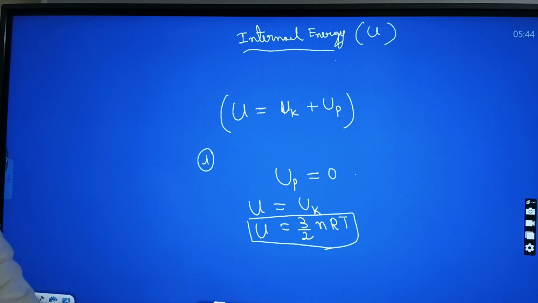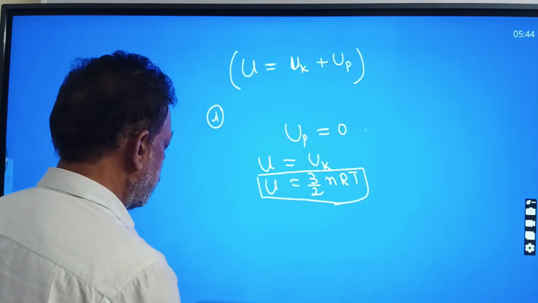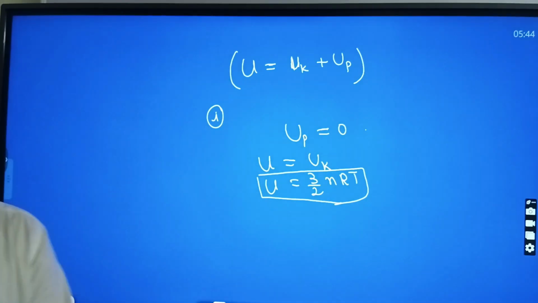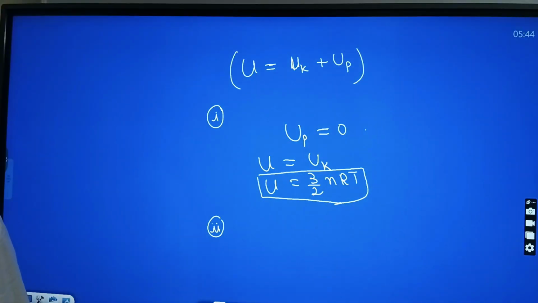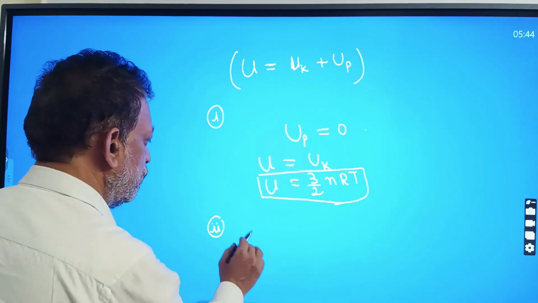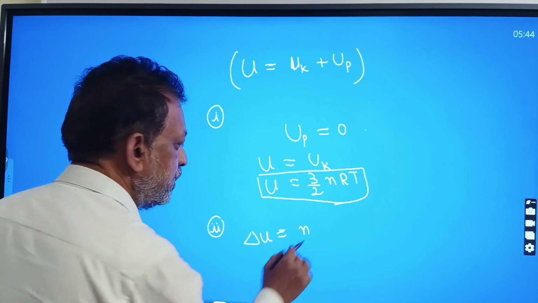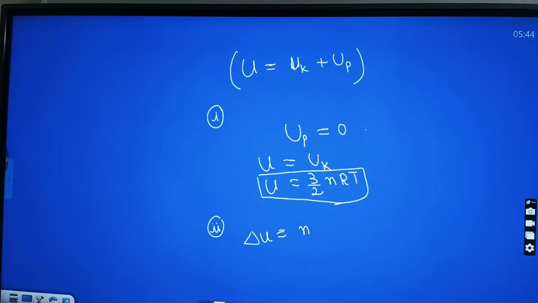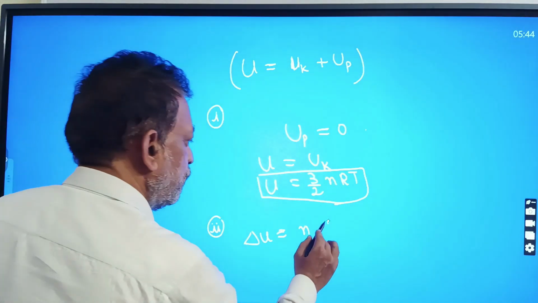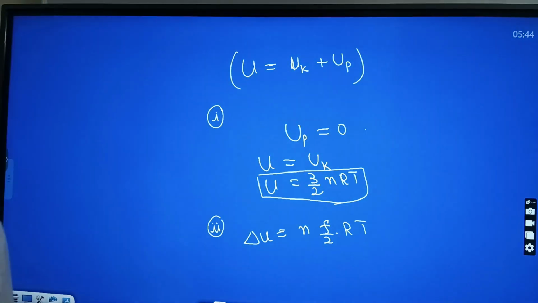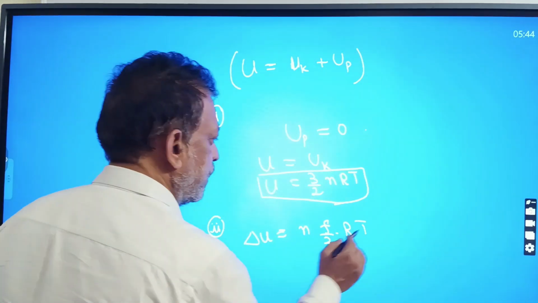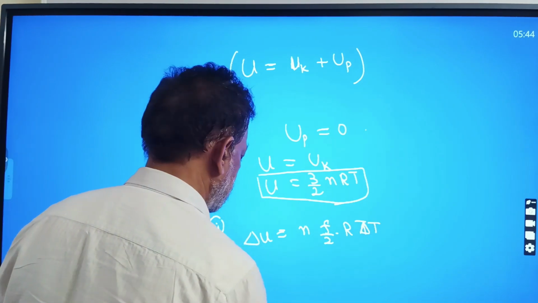In case of gases, whatever be the process, delta U is equal to n into F/2 into R delta T, where delta T means change in temperature.